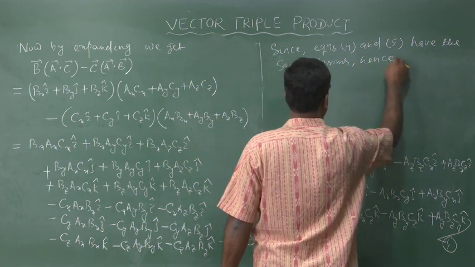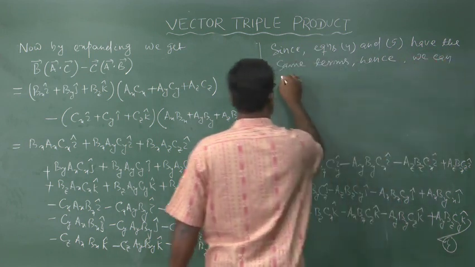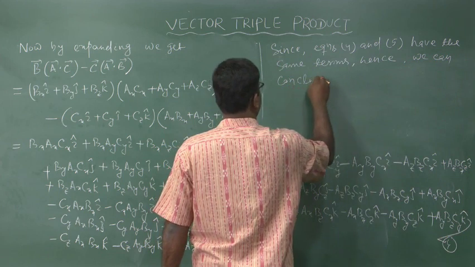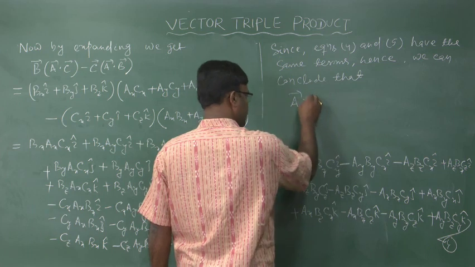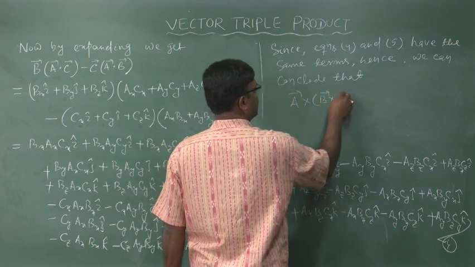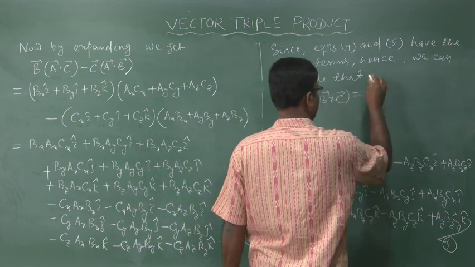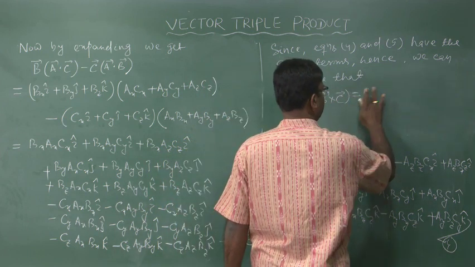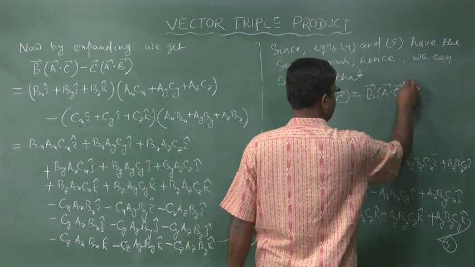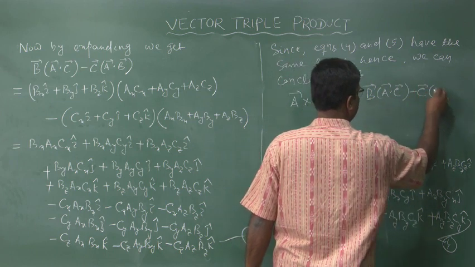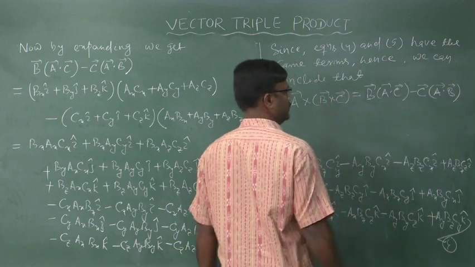So we can conclude that A vector cross B vector cross C vector is equal to B A C minus C A B. Proved.